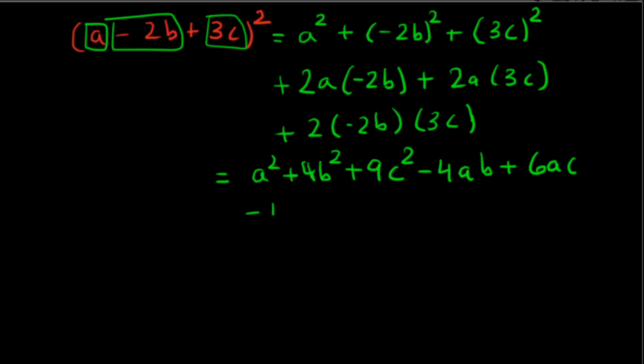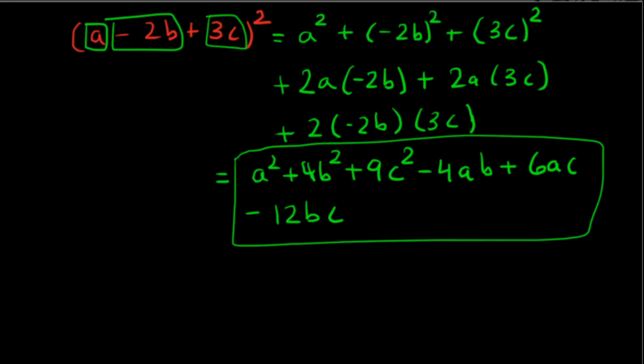And the last term is negative 12bc. So that's my final answer. So this one was if we're looking at a negative or a coefficient that is not a fraction, so an integer, in other words.